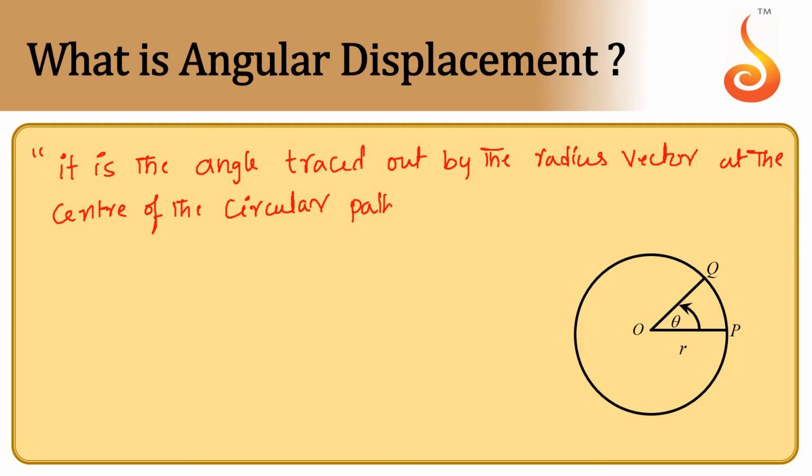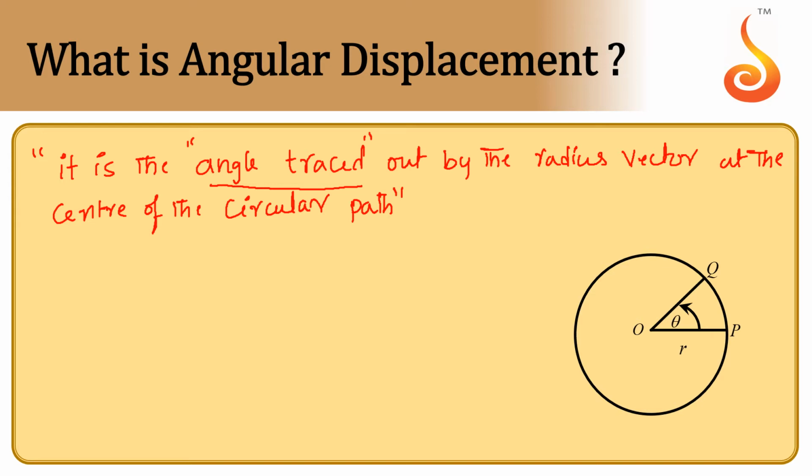What does it mean? That means whatever angle the radius traced out is called the angular displacement. So what angle the radius vector moves when it is in a circular motion, that angle we consider as angular displacement.